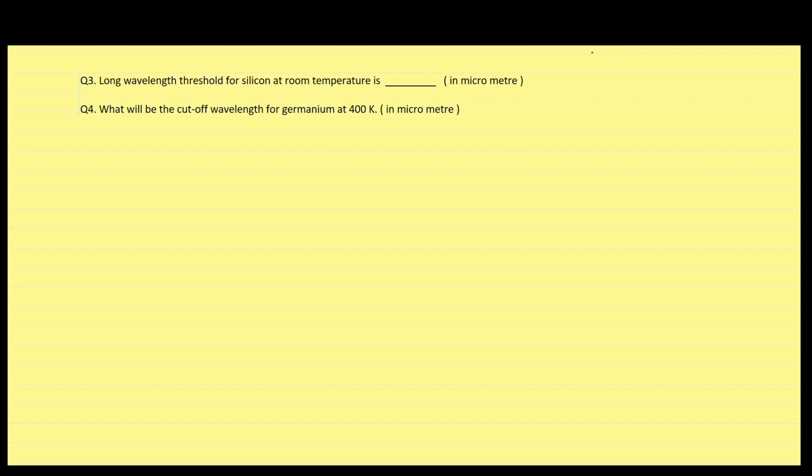We have a direct formula for this question. Lambda in micrometer is equal to 1.24 divided by band gap energy, which should be in electron volt.